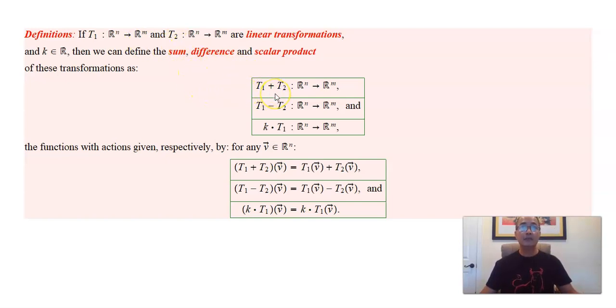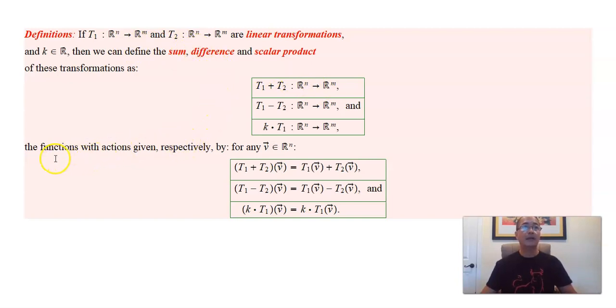T1 plus T2 and T1 minus T2 and K times T1 are all transformations which are also going from Rn to Rm. So the same domain, the same codomain as the two original transformations.